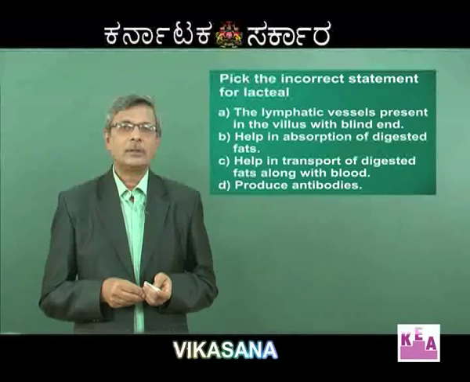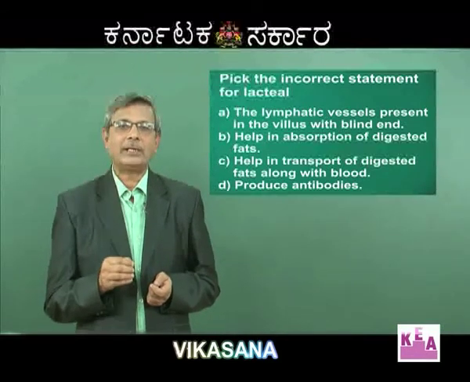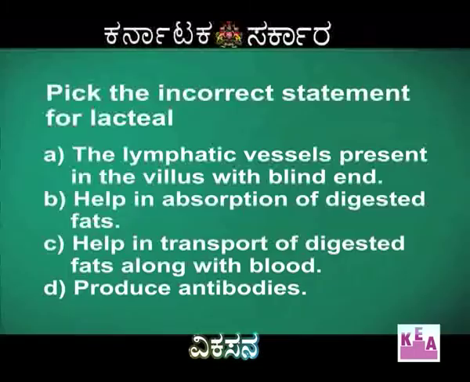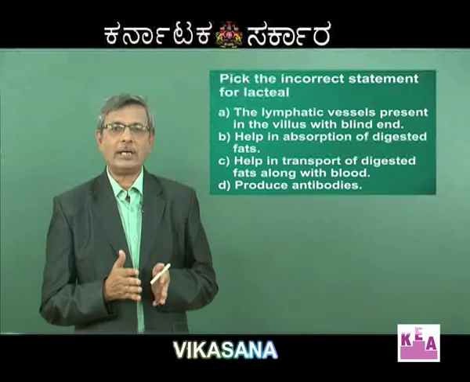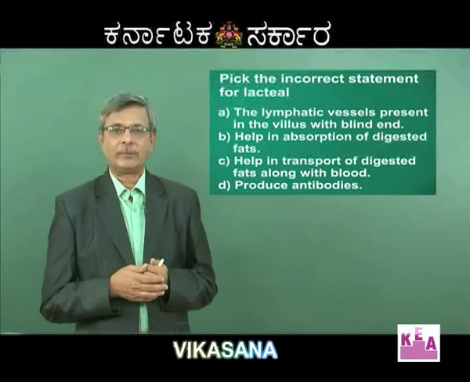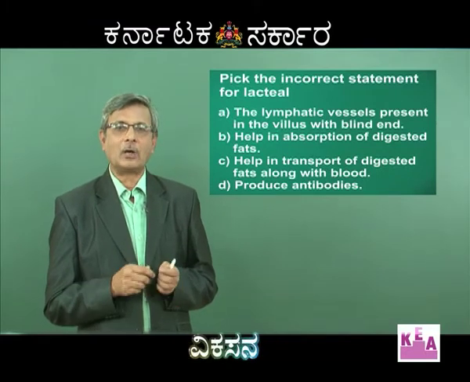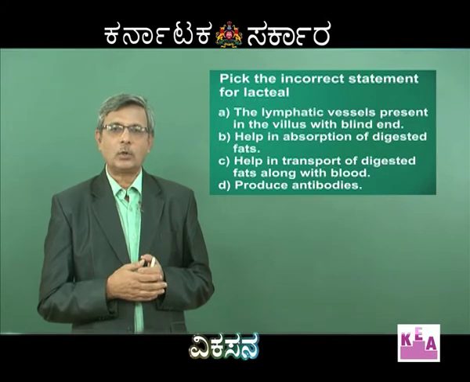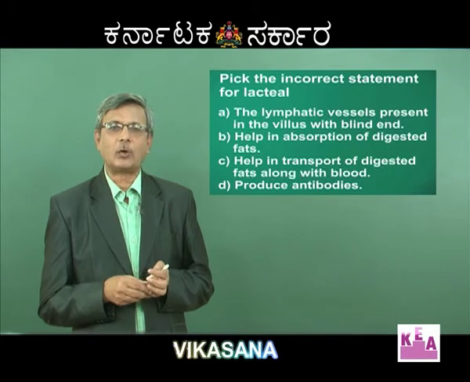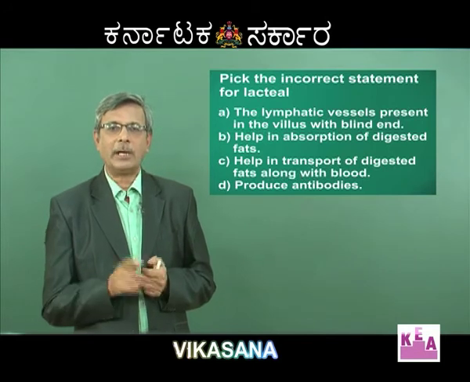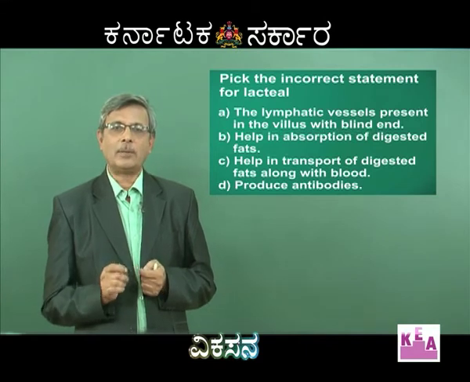100% correct. Remember, fats after digestion are taken into the mucosa cells in the form of micelles. These micelles carry the bile salts as coating. And remember, fatty acids and glycerides are coated by protein to form very fine droplets called chylomicrons. In that form, they are absorbed.